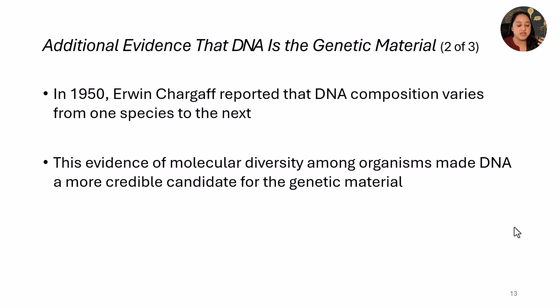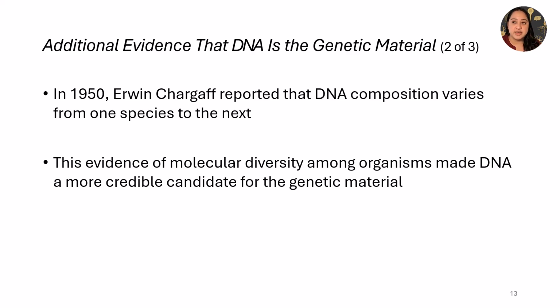There are different amounts of the A's and T's and G's and C's in different species. We don't all have the exact same sequence. Otherwise, we would have the exact same makeup of all those letters, all those nucleotides. So this evidence of molecular diversity among organisms made DNA a more credible candidate for the genetic material.